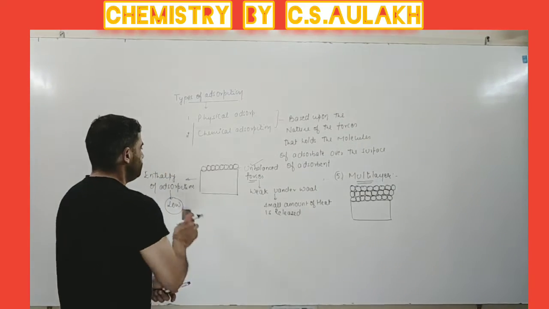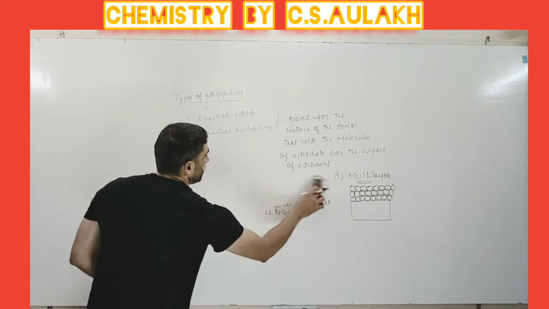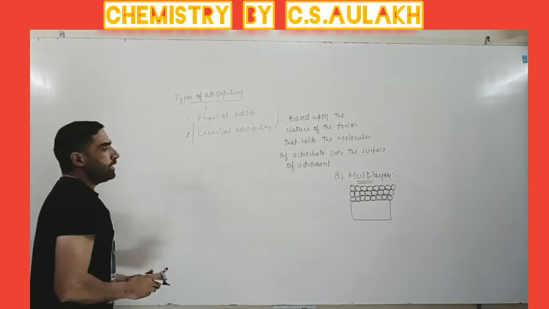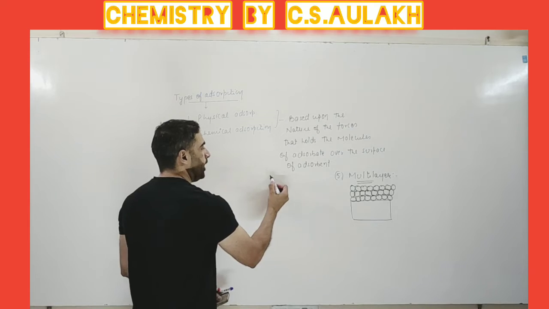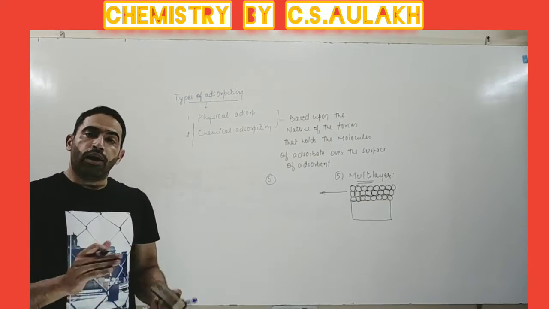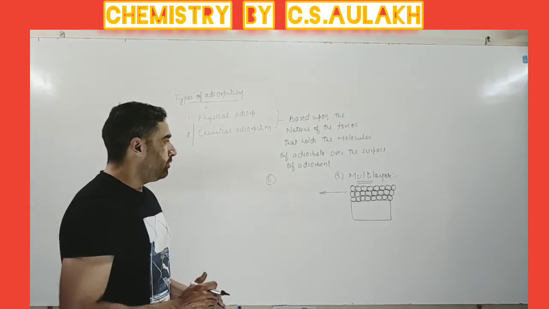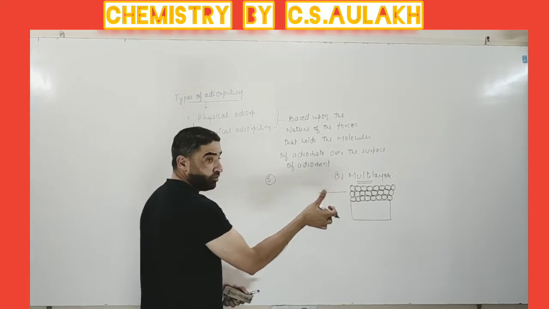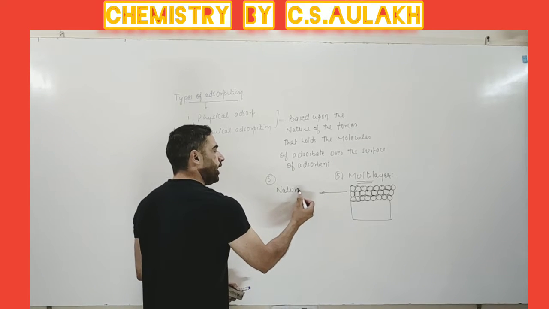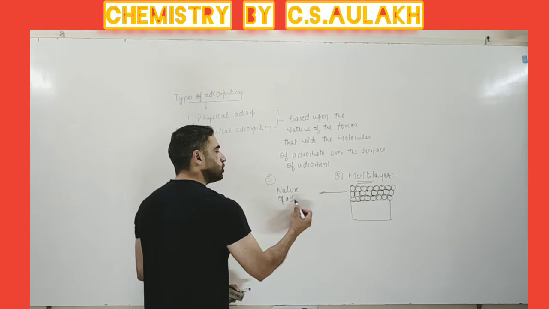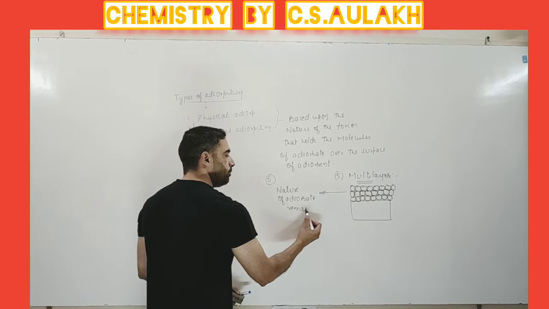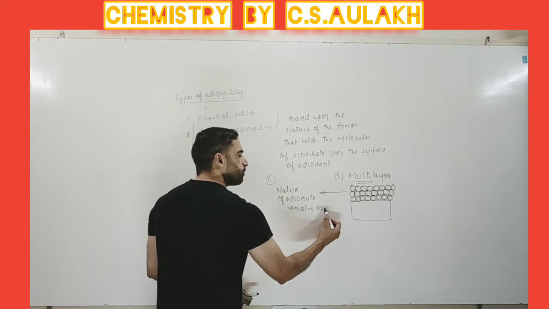So the next characteristic of physical adsorption is that when the adsorbate molecules are attached over the surface of adsorbent, because there is not any particular type of reaction between the two, the nature of the adsorbate remains the same.